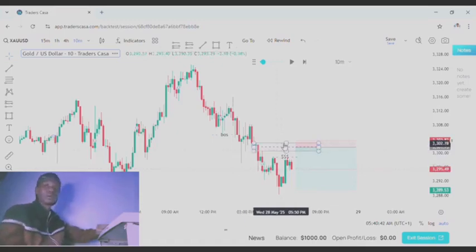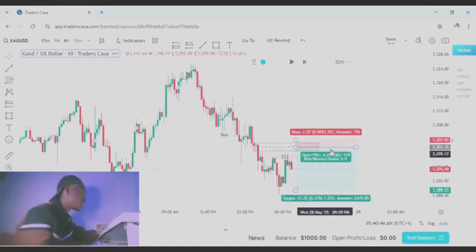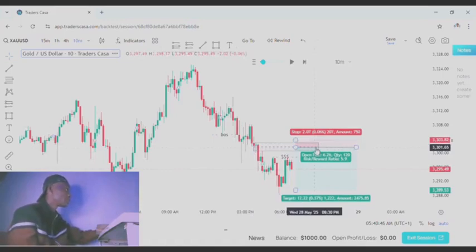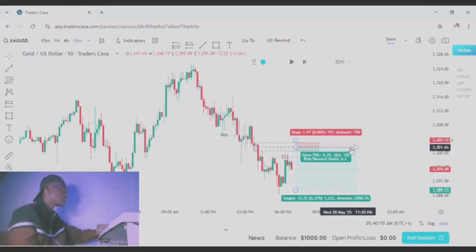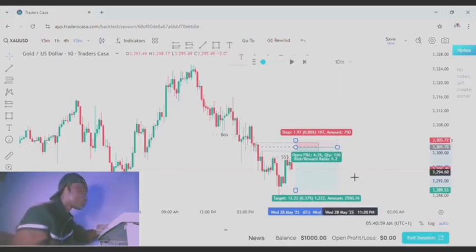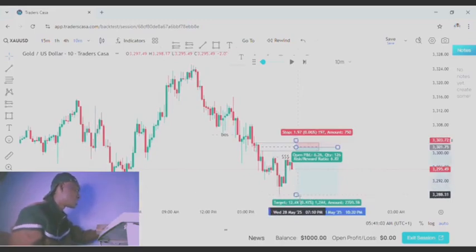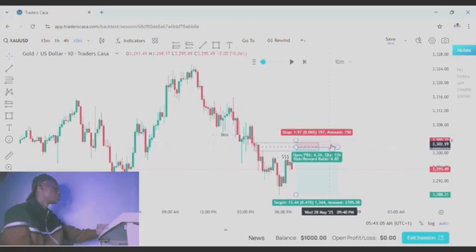You can place your entry at the middle of the order block, then your stop loss at the high a little bit. So let the market run, and it will give us a nice risk to reward ratio.